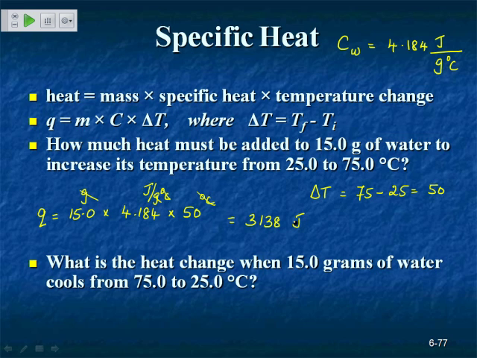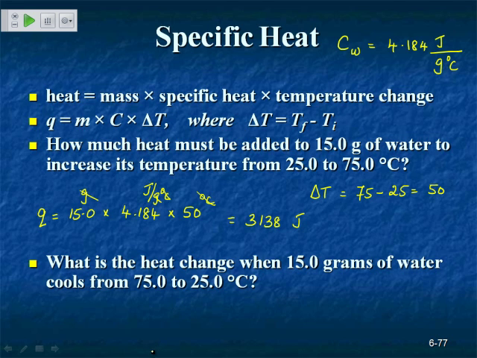How about the second question? What is the heat change when the same amount of water, 15 grams of water, cools from 75 to 25 degrees Celsius? It would be the same number but negative.